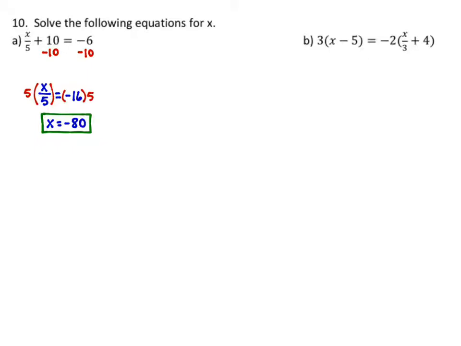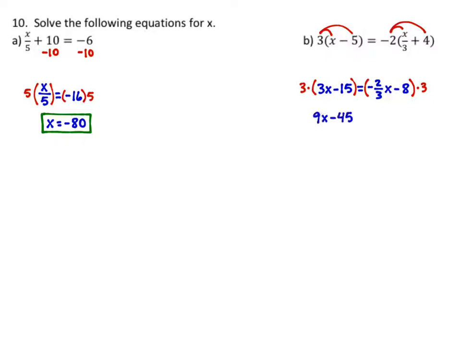For b, I think the best thing to do first is to distribute, so we'd end up with 3x minus 15 equals negative 2/3 x minus 8. And because I don't like dealing with fractions, what I'm going to do is multiply everything by the denominator there. So I'm going to multiply everything by 3. Because I do it to one side, I have to do it to the other. And then I'll go ahead and distribute again.